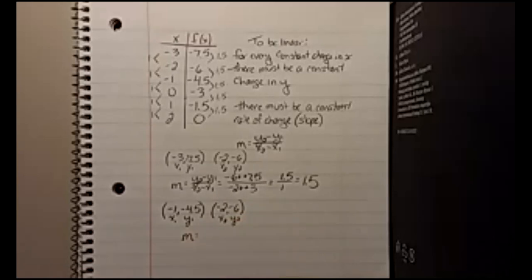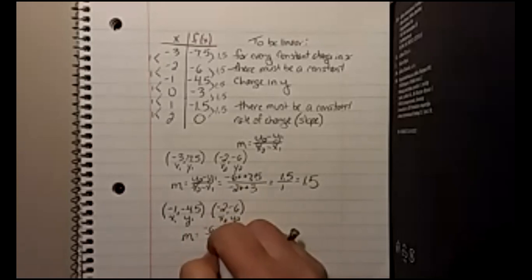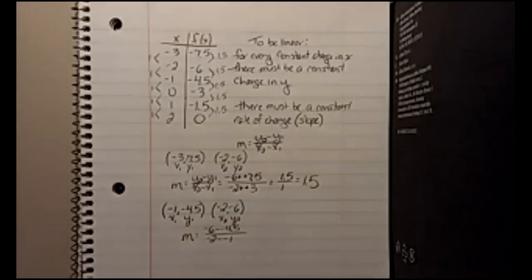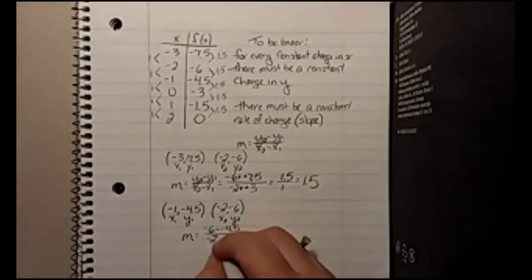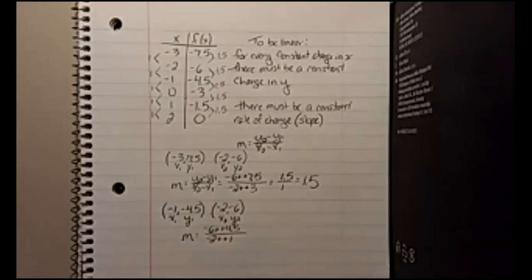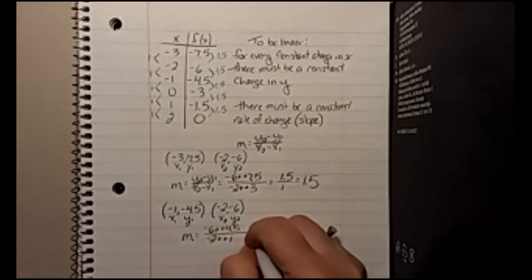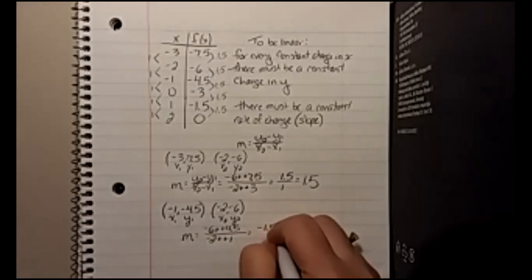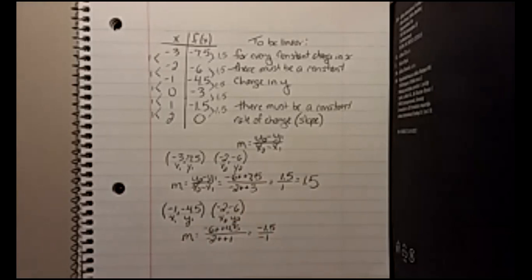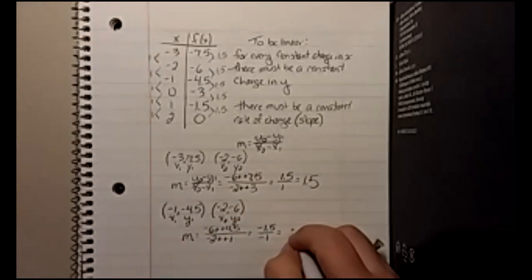So this is going to be -6 minus -4.5 over -2 minus -1. If I do the math, minus minus becomes plus. This is going to be -1.5 over -1. But a negative divided by a negative is a positive. And so, yeah, I do still get 1.5.